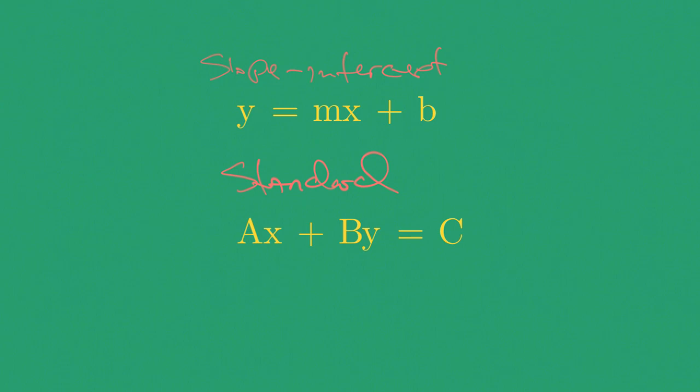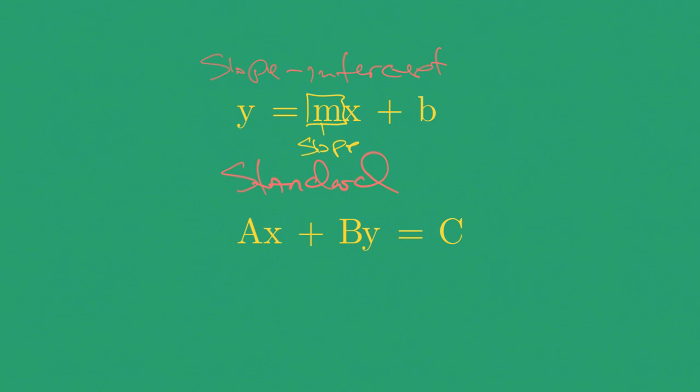Now, let's go back up to slope-intercept form, y equals mx plus b. We just got done talking about this one, the lowercase m. What does lowercase m stand for? Slope. Lowercase m is slope. Notice what letter it sets next to.